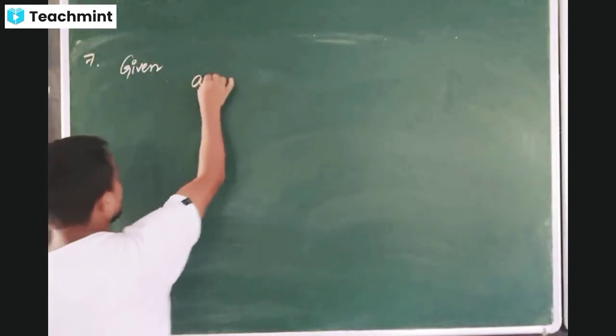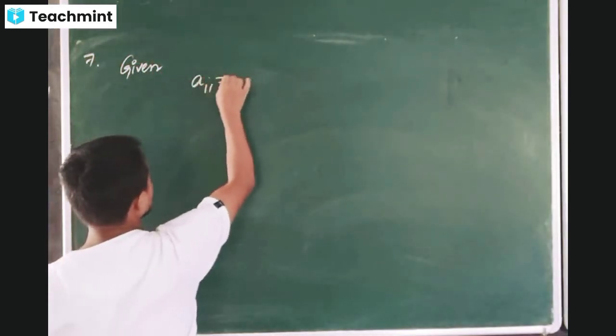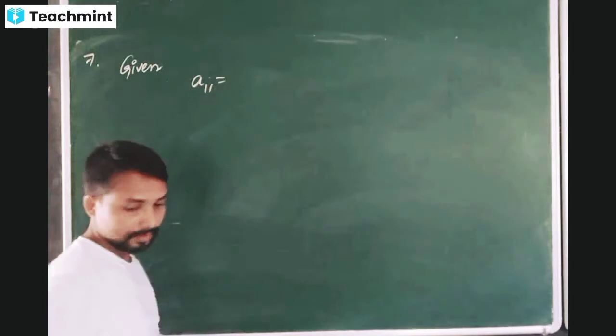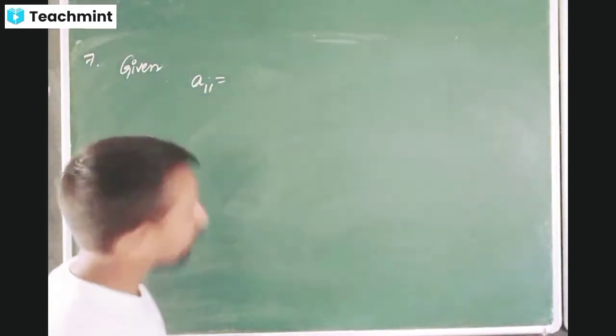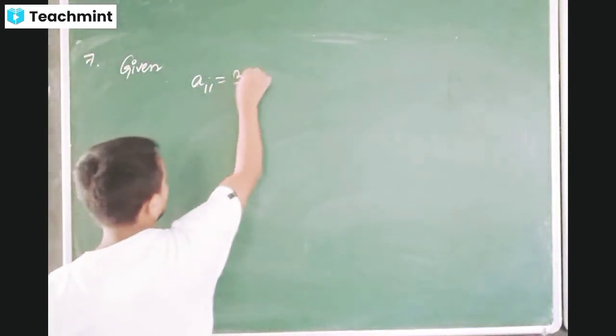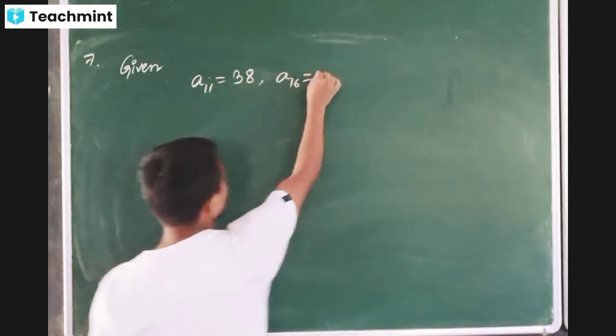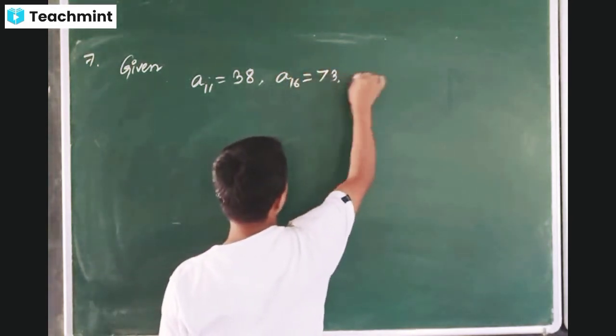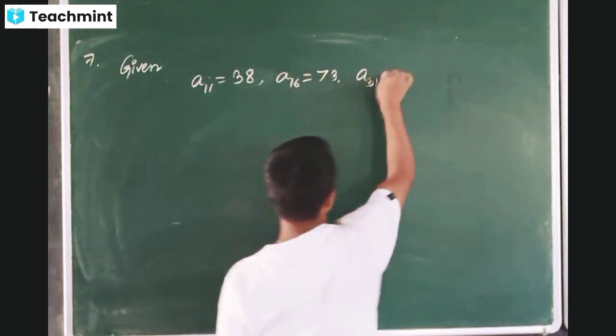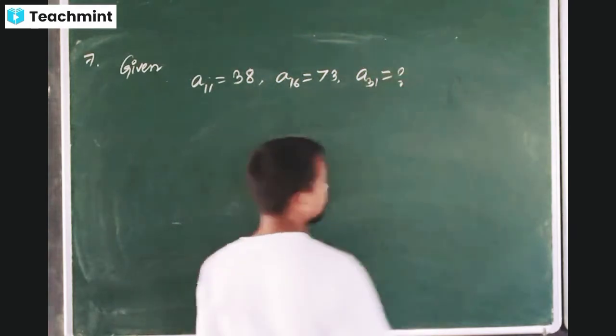Given A11 equal 38, A16 equal 73. We have to find A31.